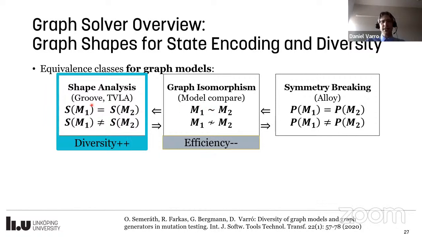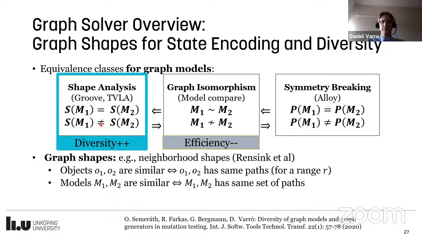But we use this practically the other way around: if the two shapes are different, then we know that the two models cannot be identical. As such, we don't really have to evaluate graph isomorphism, but can go along with such equivalence classes because we want to enforce diversity anyhow. So in that regard, graph shapes are also used as a means for reducing the checks for graph isomorphism and for enforcing diversity.